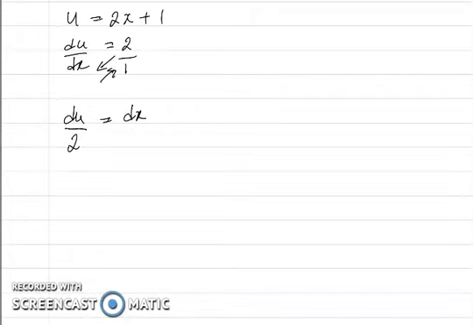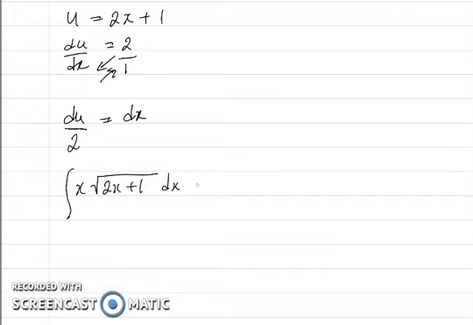So now the integral of x times the root of 2x plus 1 dx may be represented as: x, which we got to be (u minus 1) over 2, times the root of 2x plus 1, which is the root of u, dx, but dx could be replaced with du over 2.